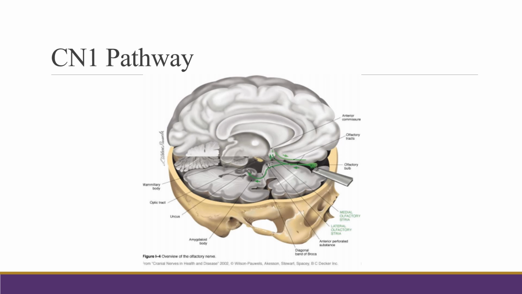You could see the line in green here from this perspective of cranial nerve 1 and going into the amygdaloid body or nucleus. So that amygdala is responsible for emotions, memory according to emotions. One of the things we associate with the amygdala is anxiety.